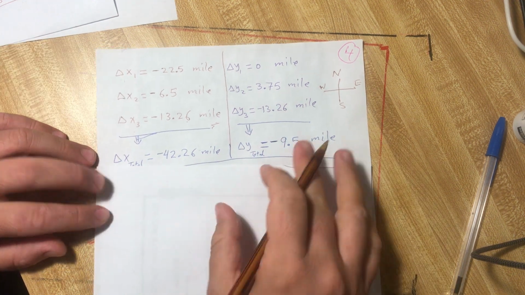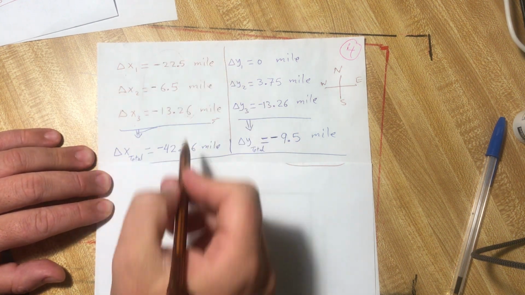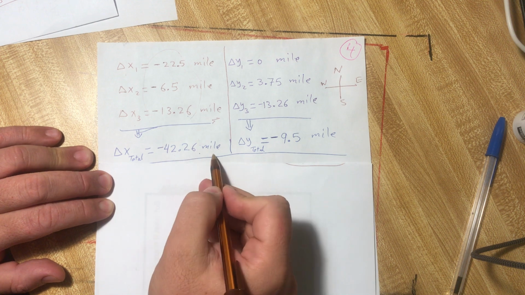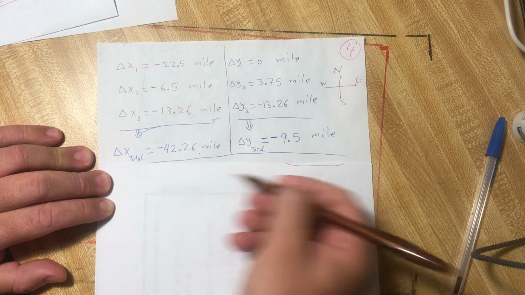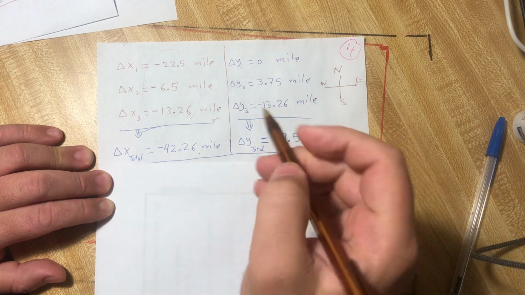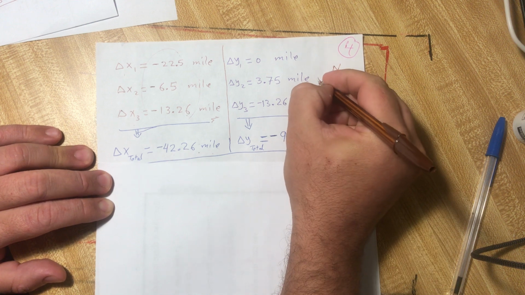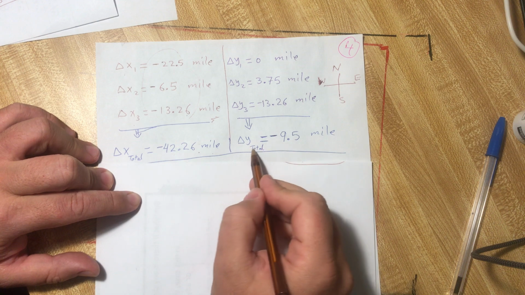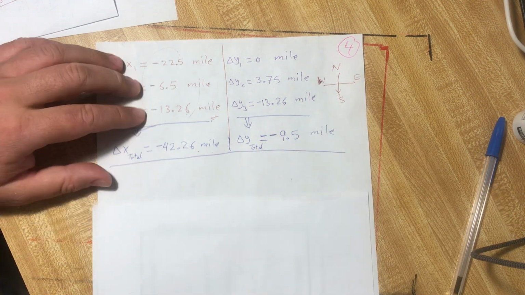The total change in position in the x direction is the sum of all of these, which is negative 42.26 miles. The negative sign means the negative x direction, which is to the west. Okay, and the total change in position in the y direction is negative 9.5, which means in the south direction.